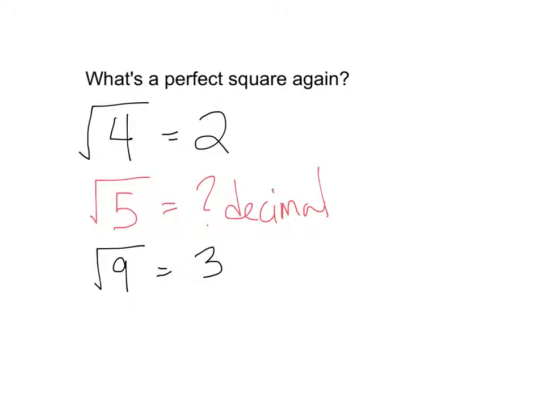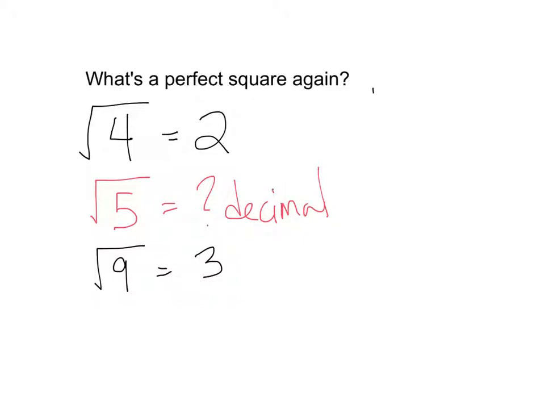In fact, there's a classic set of perfect squares, and those are the numbers you get when you look at your multiplication tables. If you take your whole numbers starting at 1 and multiply them by themselves, or square them, you'll get a perfect square.